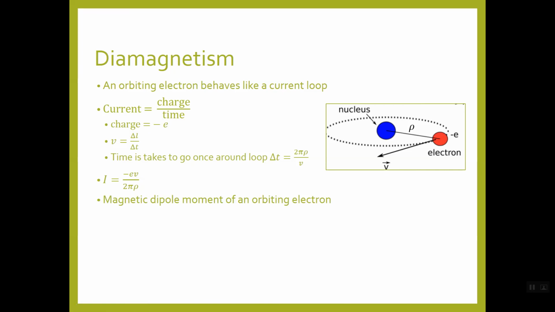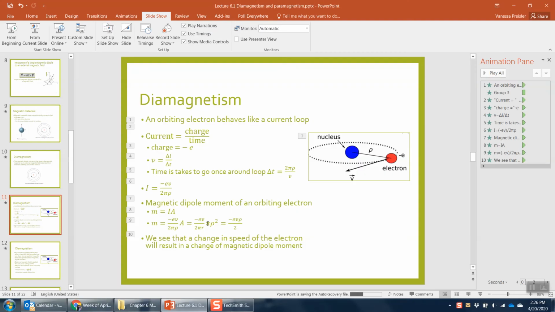So the magnetic dipole moment of an orbiting electron is just its current times the area of orbit. So if I plug in the area, at a radius of rho, the area is pi rho squared, and we get the pi's to cancel out. And this should be a rho, not an r. So one of the rhos cancels out.